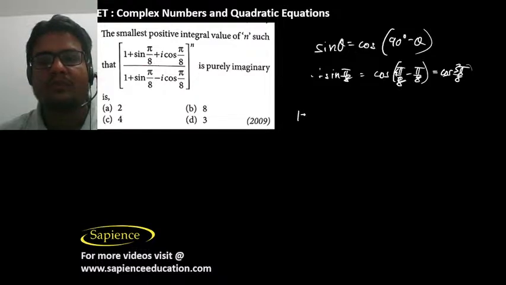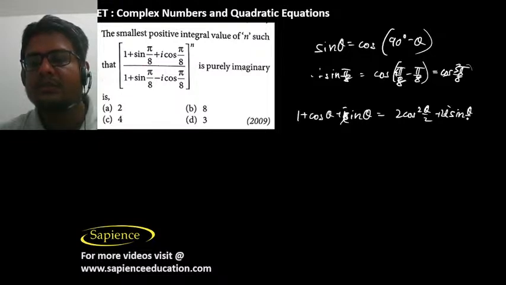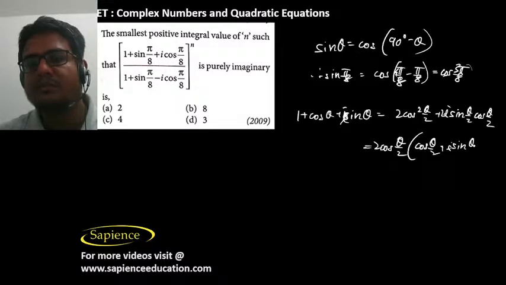So therefore 1 plus cos theta plus i sin theta can be written as 2 cos square theta by 2 plus i times 2 sin theta by 2 into cos theta by 2. This we can write as 2 cos theta by 2 I can take as common, 2 cos theta by 2 (cos theta by 2 plus i sin theta by 2).